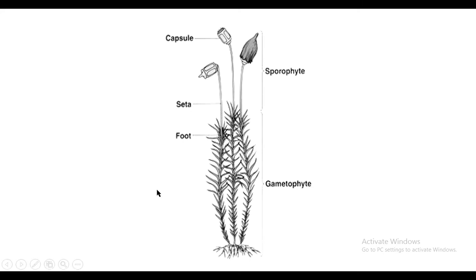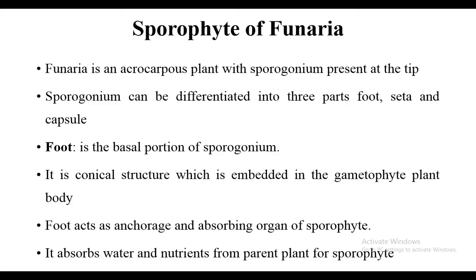This whole structure, which consists of foot, seta and capsule, is known as the sporophyte, also known as the sporogonium. It produces haploid spores by meiosis. When spores are liberated, they reach a suitable place and germinate to produce a whole bryophyte or Funaria plant.